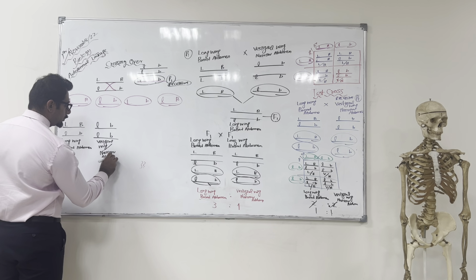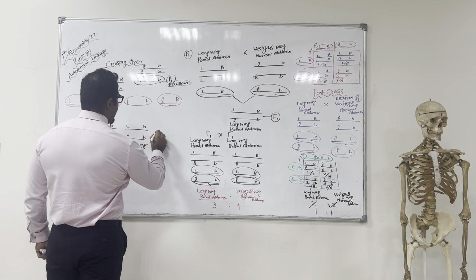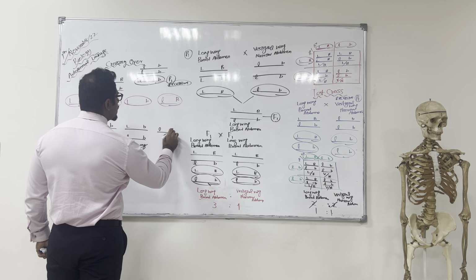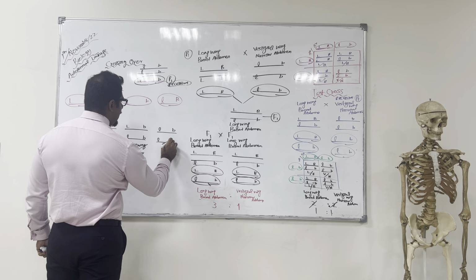And if this joins with this one, it becomes small l, small b, small l, capital B. This time it will be vestigial wing and broad abdomen. And this is a 1:1:1:1 ratio.